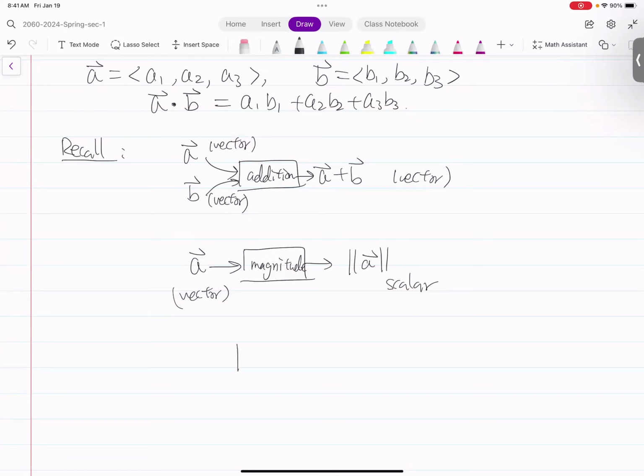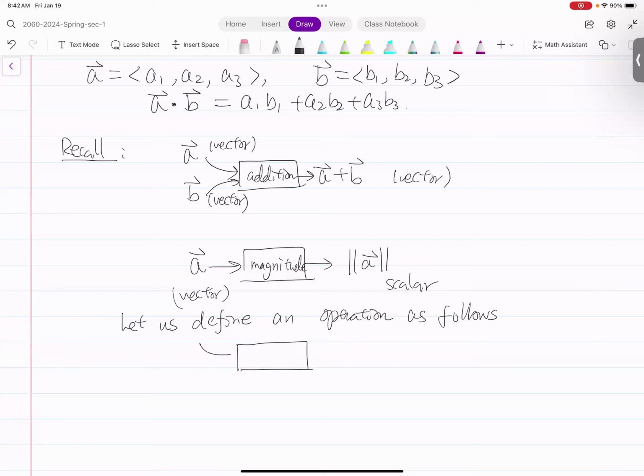So here we want to define an operation as follows.